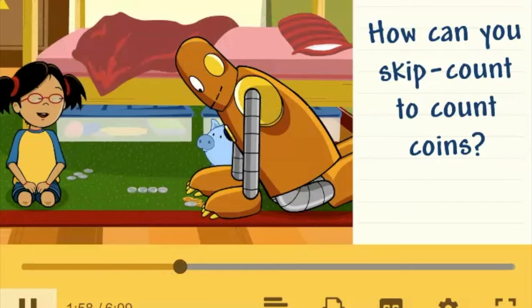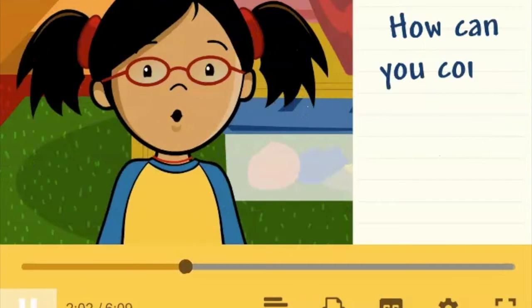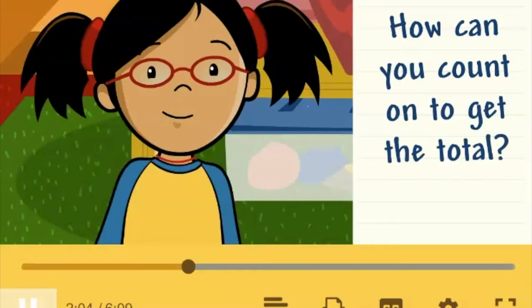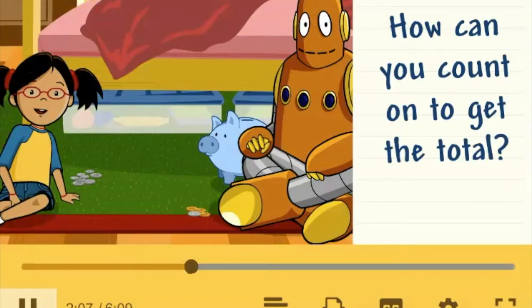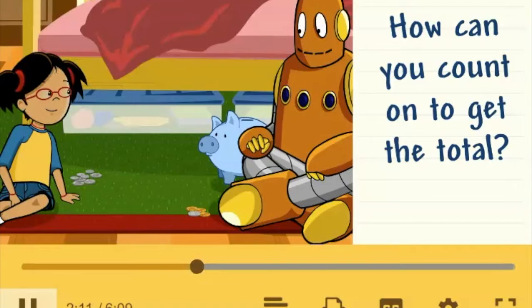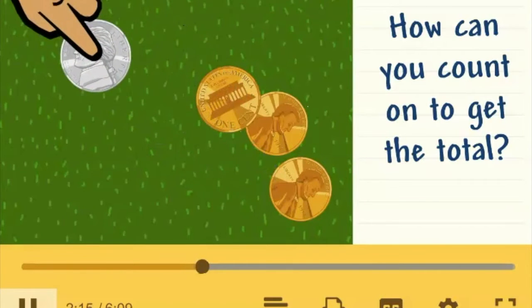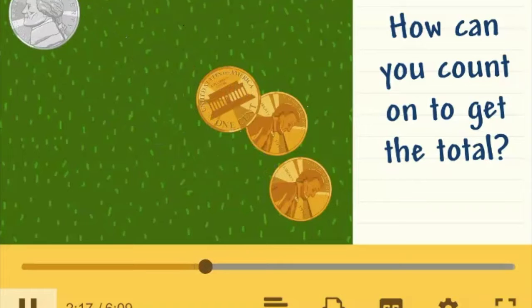Sometimes I have a combination of different coins. How can you count on to get the total? When you have a small group of different coins, you can count on to add them. Let's see. The nickel is worth the most, so we should start with that. So we start at 5 cents.